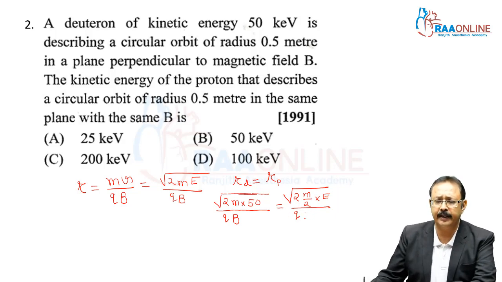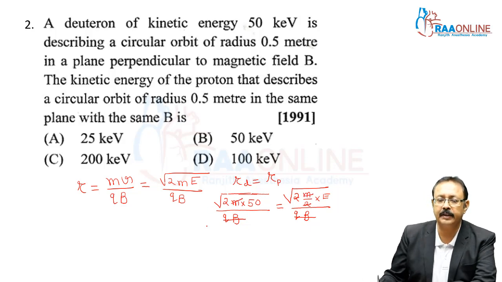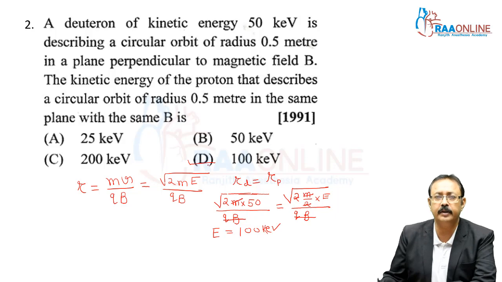B, they are saying same magnetic field. So cancel QB with QB, this 2 with this 2, m with m. By squaring we will get E is equal to 2 into 50, that means 100 keV. What unit we put for 50? We will get the same. So we are going with option D.